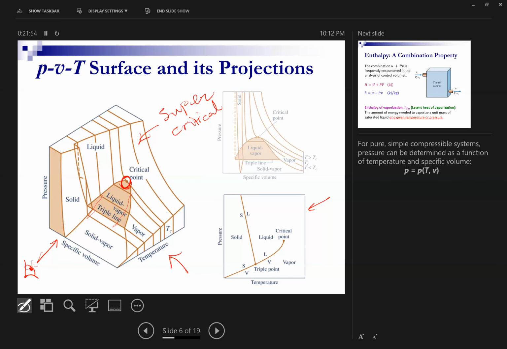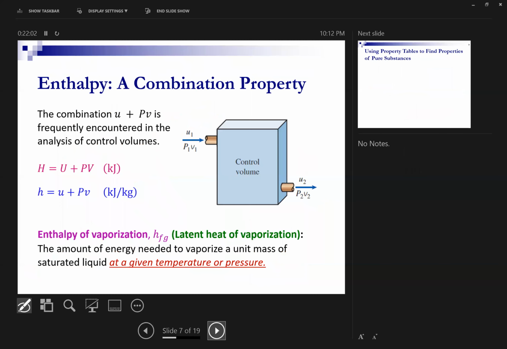But before going over the tables, I want to introduce one thermodynamic property that we haven't discussed previously. That property is enthalpy. Enthalpy is actually a combined property, and it is usually important in open systems.